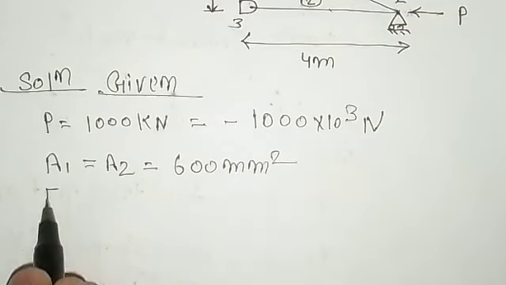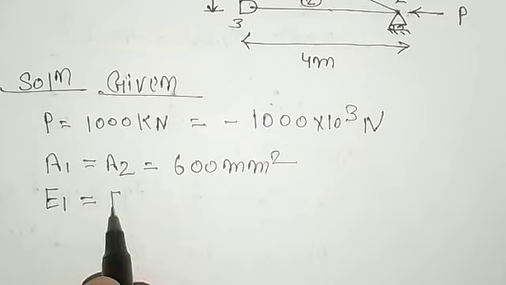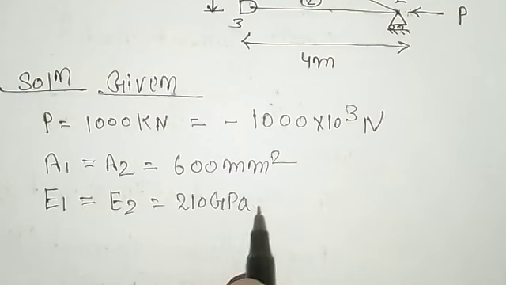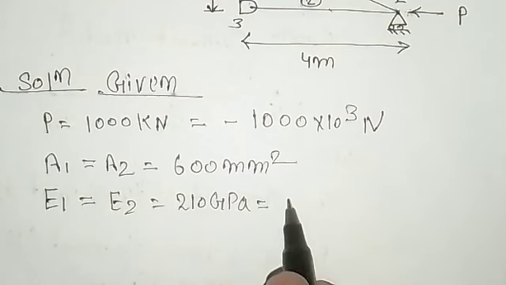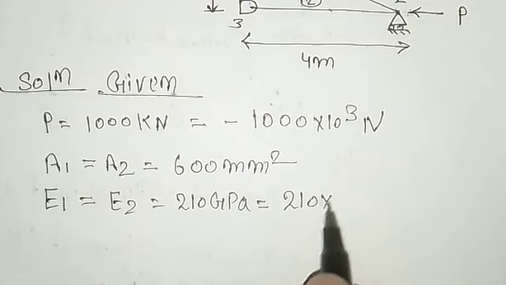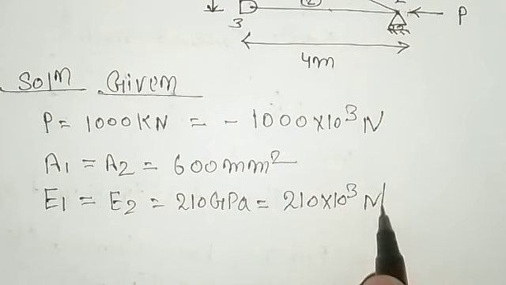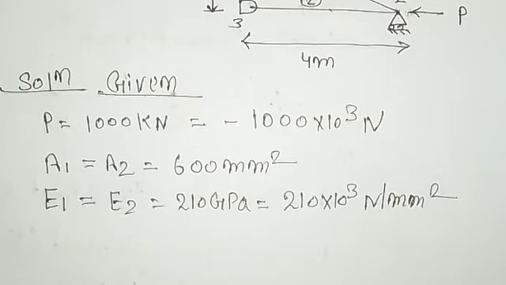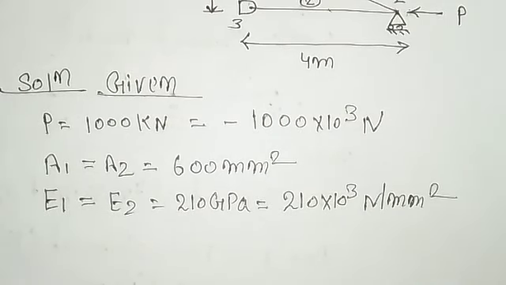Young's modulus for each member, that is E1 is equal to E2 is equal to 210 GPa, gigapascal. Our calculation is in millimeter, so it will be 210 into 10 to the power of 3 Newton per mm square. Now we'll take each element individually, element 1 and element 2.